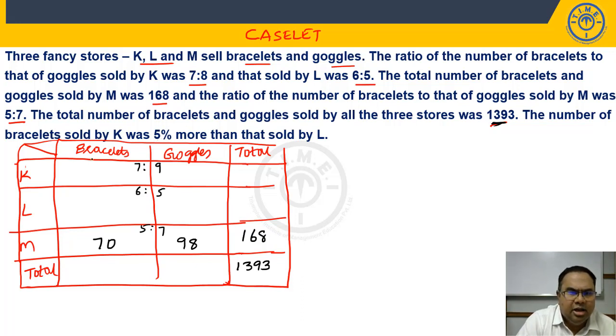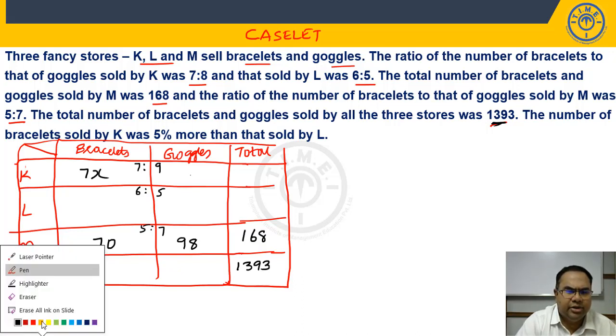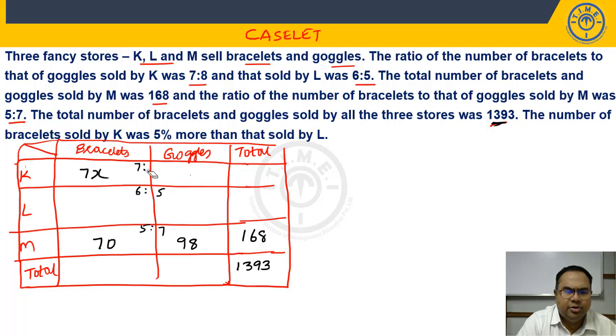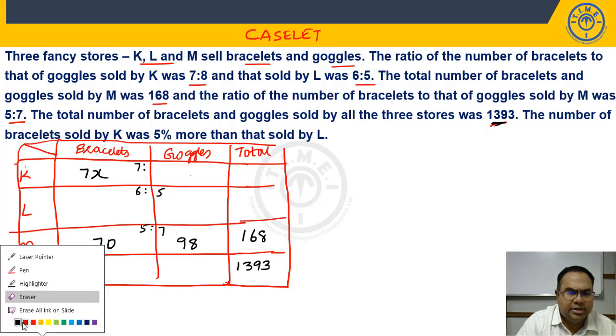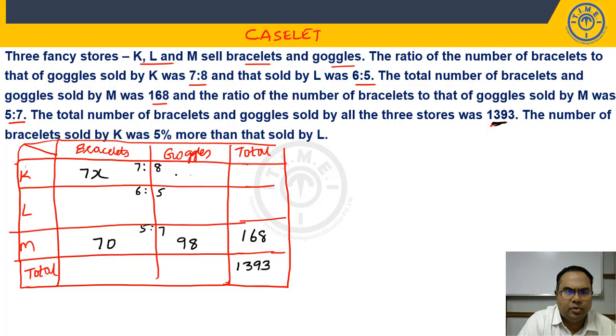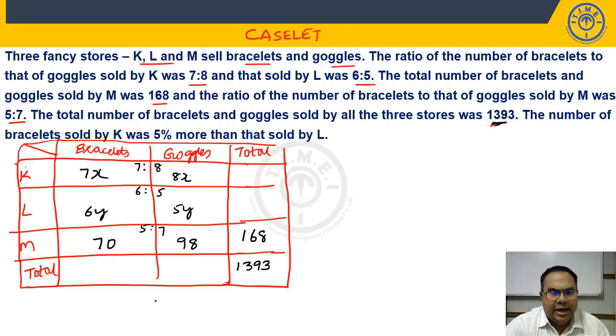The number of bracelets sold by K. Let's take this as 7x, 8x. Sorry, K is 7:8, not 7:9. So 7x, 8x. L is 6:5. Two different ratios, so take two different variables, 6y, 5y. Right now, 1393 is my total bracelets and goggles. Subtract M's 168.